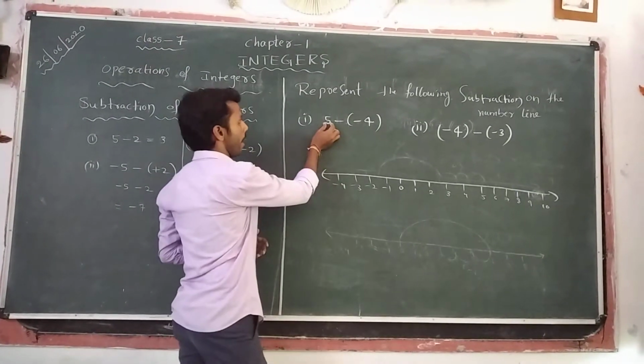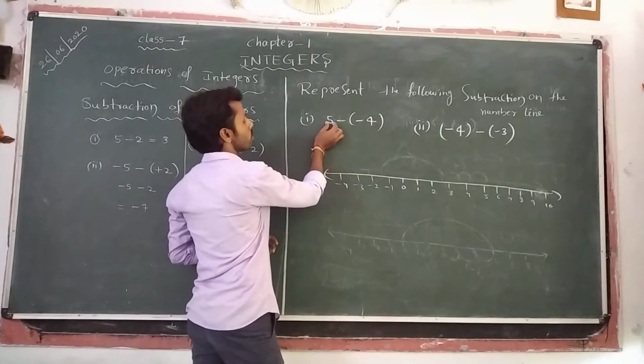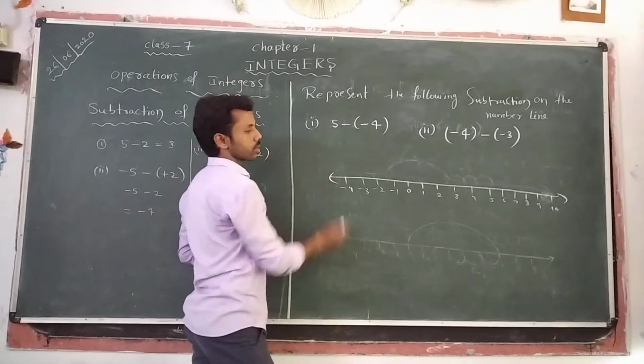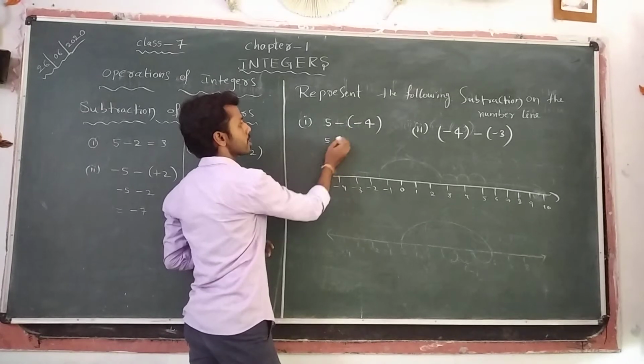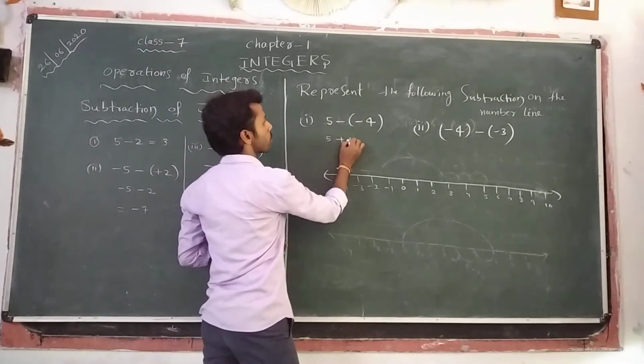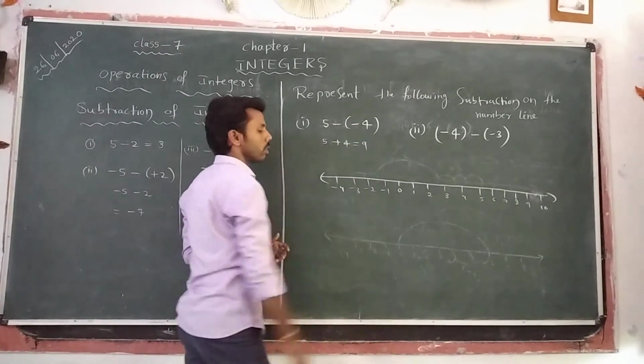First one: 5 minus minus 4 becomes 5 plus 4, which equals 9.